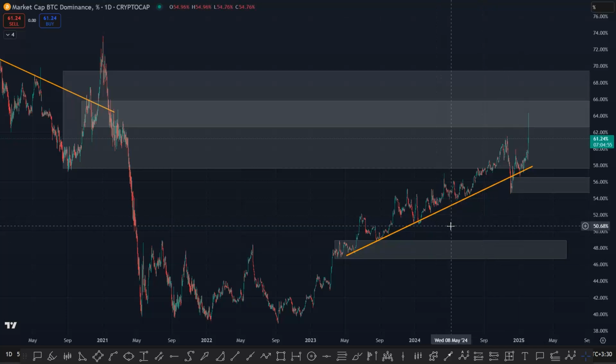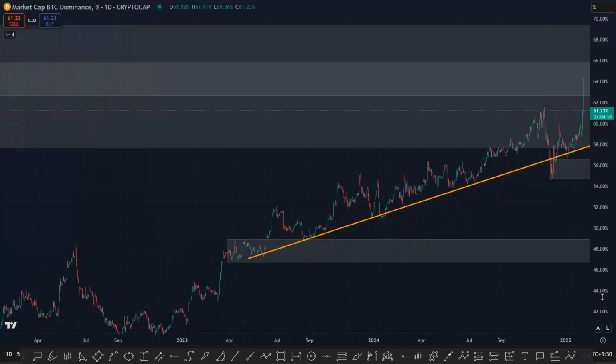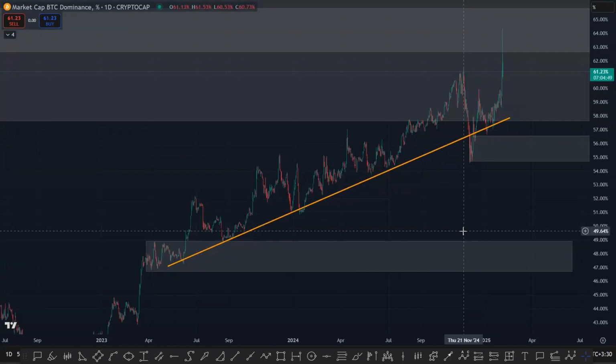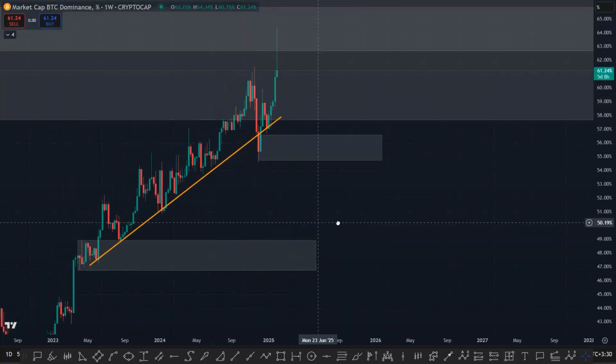I'm going to bring your attention to another thing here. If I switch, for example, into a weekly time frame, let me move to a weekly time frame here.